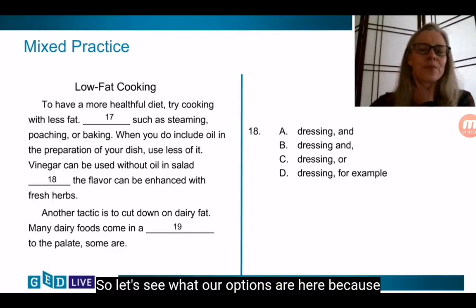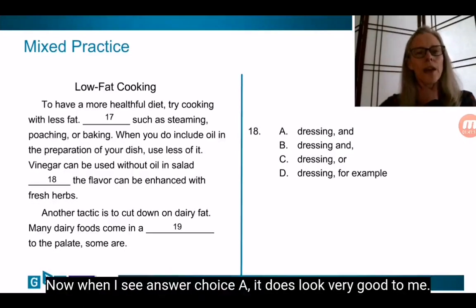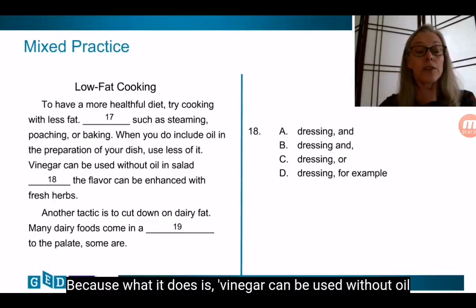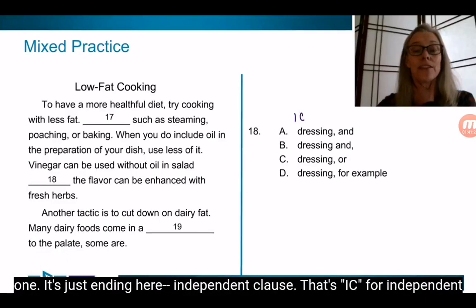So let's see what our options are here, because here we have to think a little bit about each one. Now, when I see answer choice A, it looks very good to me. Vinegar can be used without oil in salad dressing. Right? So here's independent clause number 1. It's just ending here.